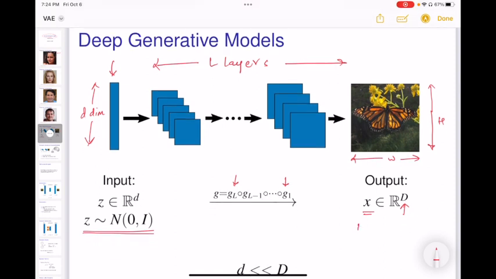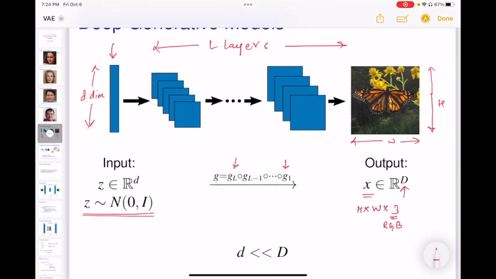So D here would be H times W times 3, and 3 because of RGB. Essentially we go from a small d-dimensional latent code sampled from a normal distribution, and through transformation by neural network layers, that gives you a capital D dimensional image.